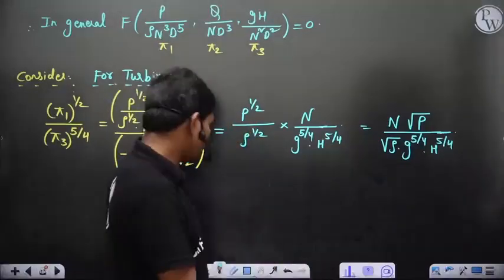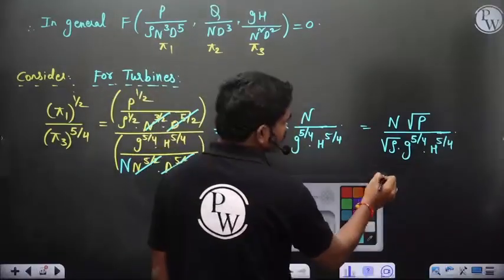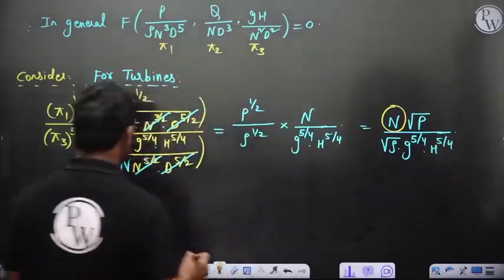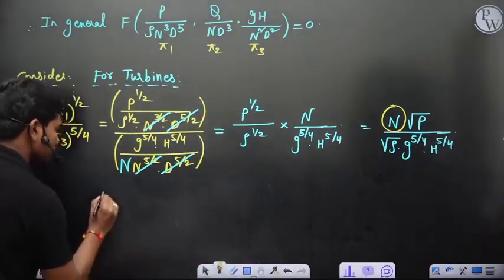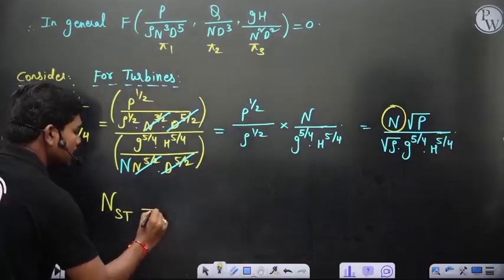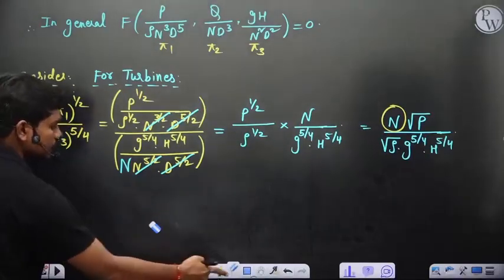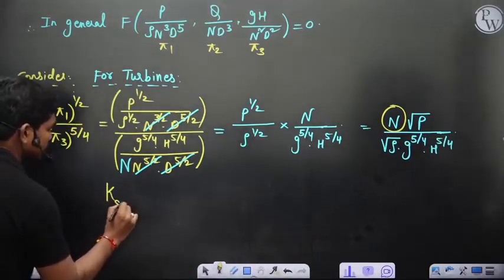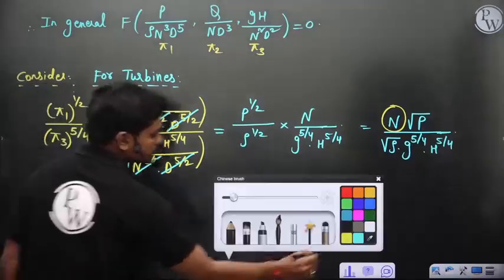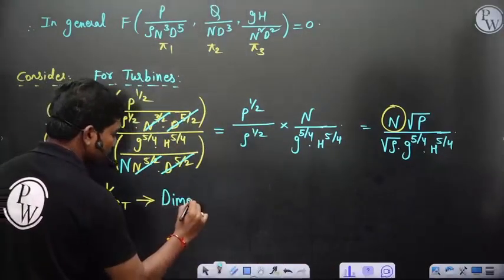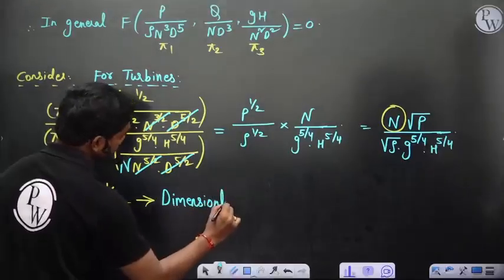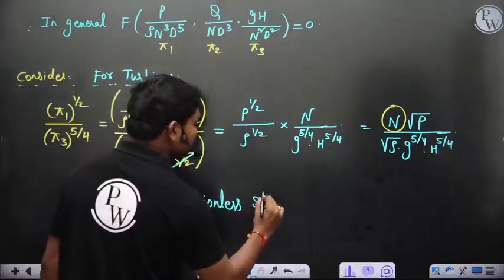This is normally called specific speed, and I think many of you are familiar with ns. So nst, or let's call this KST first of all. So this is basically a dimensionless number, dimensionless specific speed.